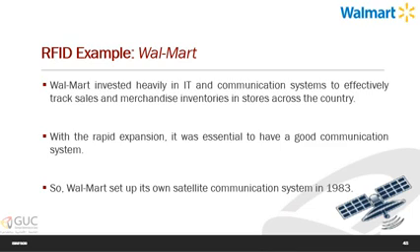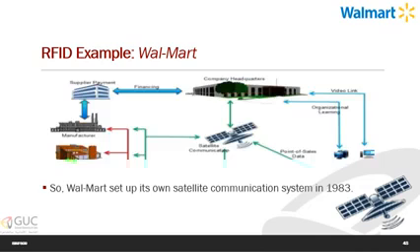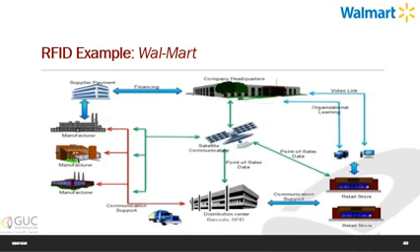The company's strategy is to lower prices every day, effectively use logistics management, maintain effective inventory control, use trading power over suppliers, and pursue global expansion into new market opportunities. Walmart's major suppliers are Gillette, Johnson & Johnson, Kraft Foods, Nestle, and P&G.